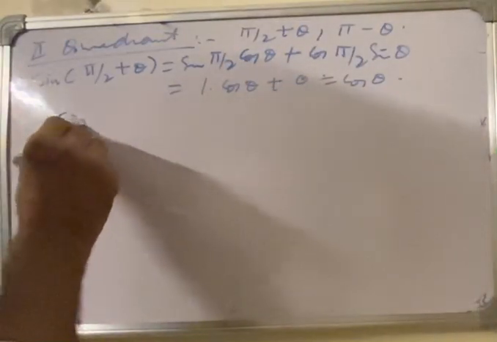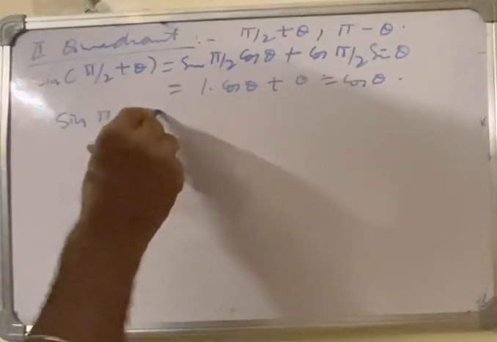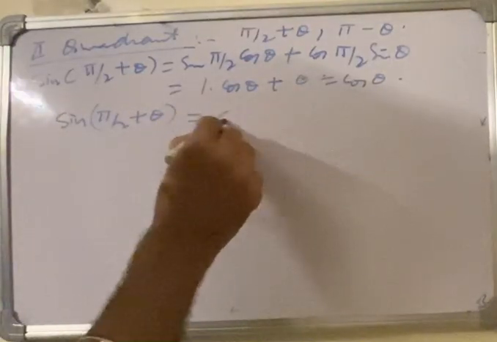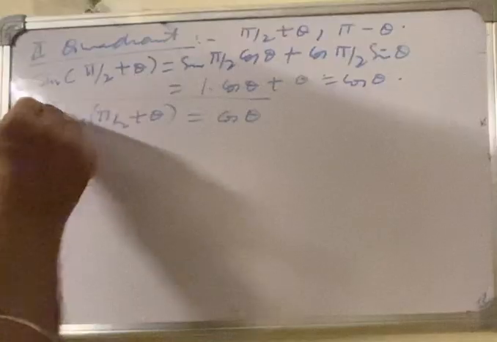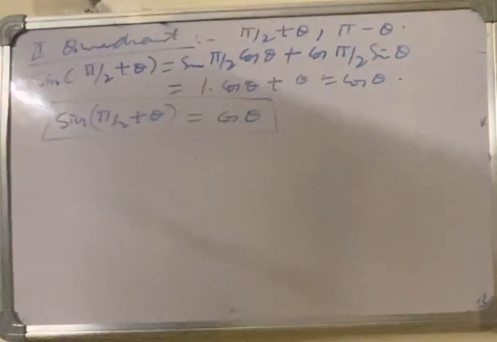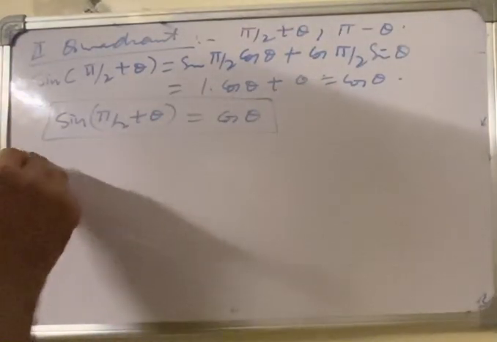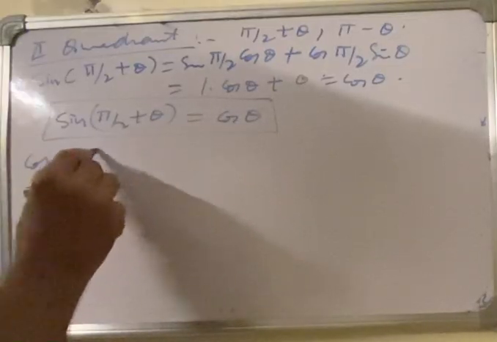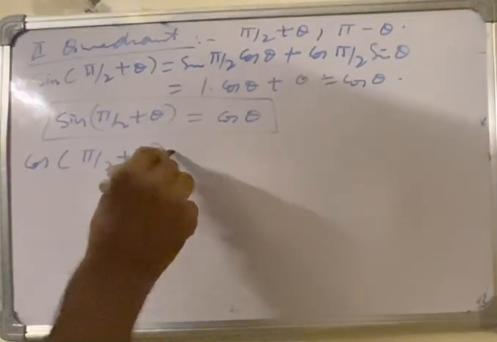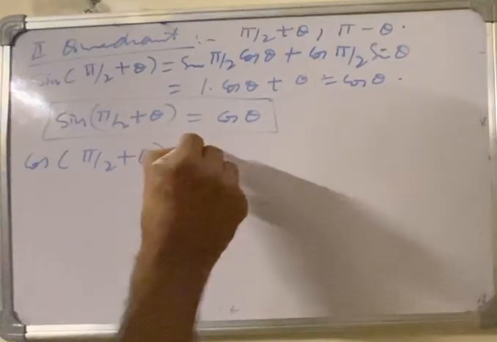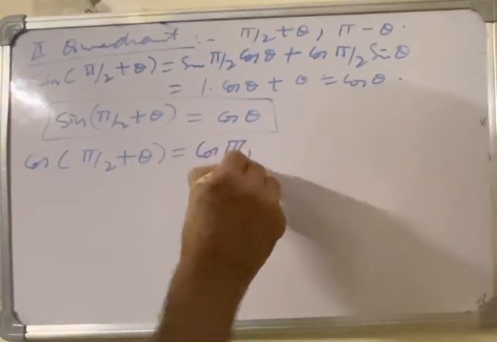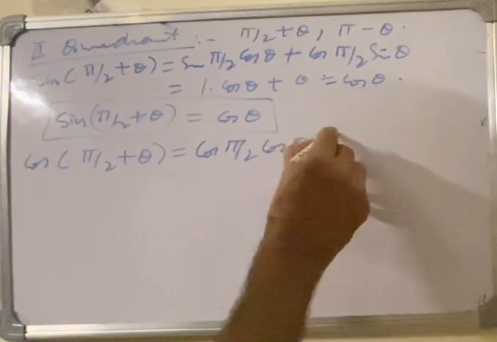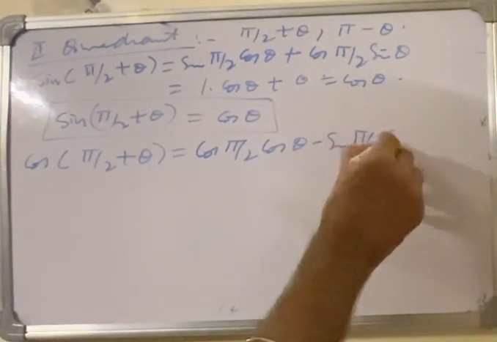Therefore, sine of pi by 2 plus theta is cos theta. Sine is positive in this case. Then cos of pi by 2 plus theta, we apply cos A plus B: cos pi by 2 cos theta minus sine pi by 2 sine theta.